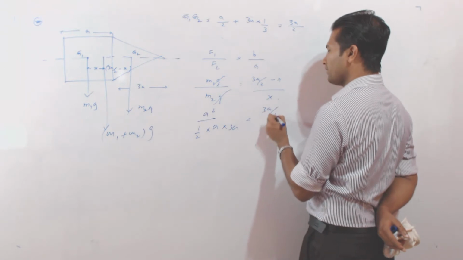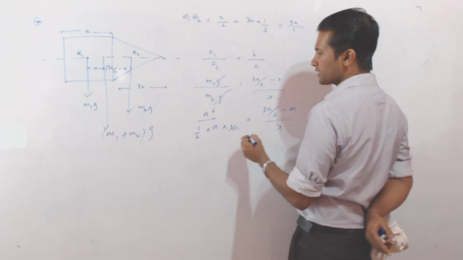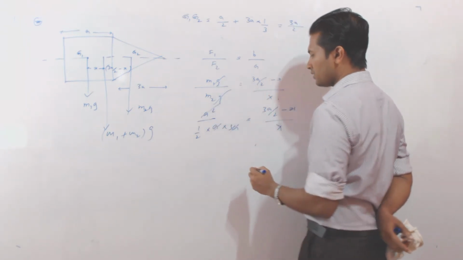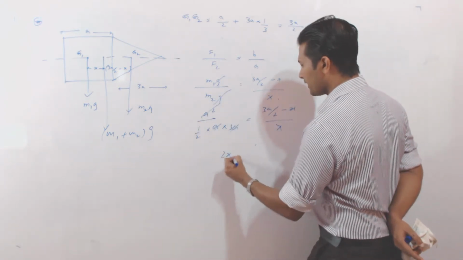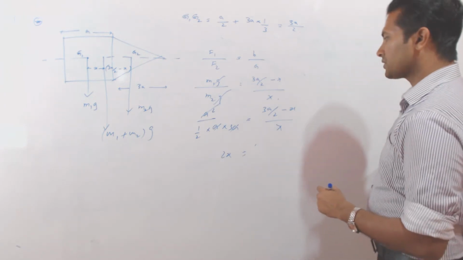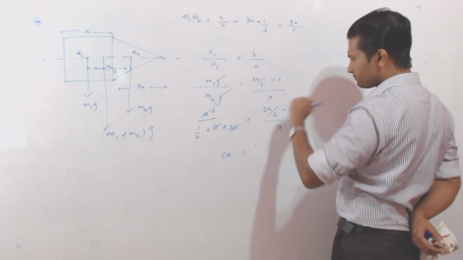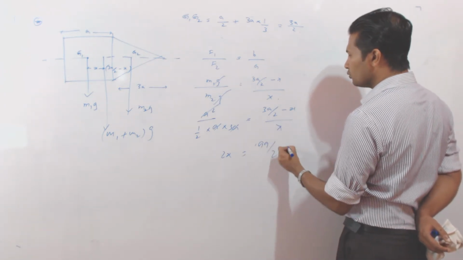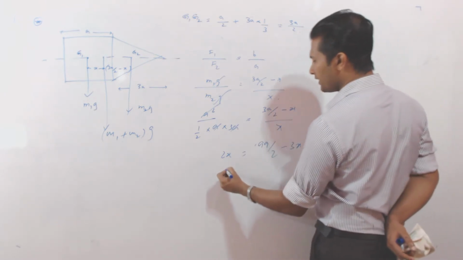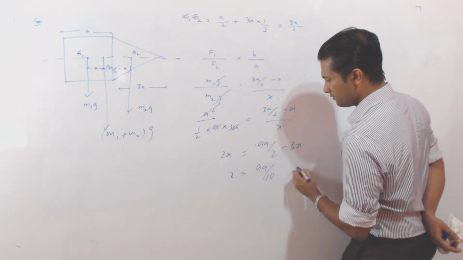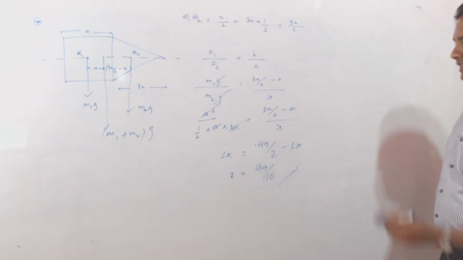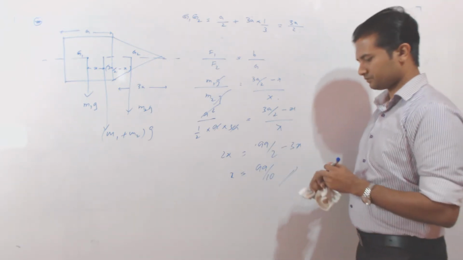This is 3a divided by 2 minus x, divided by x. So a square cancels off. Then 2 goes up. Then cross multiplication, 2x equals 9a divided by 2 minus 3x. So altogether 5x. So x equals 9a divided by 10. This is the way of finding x.